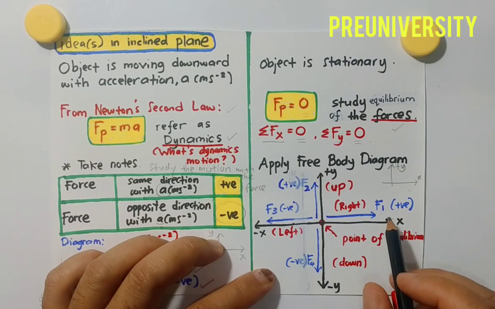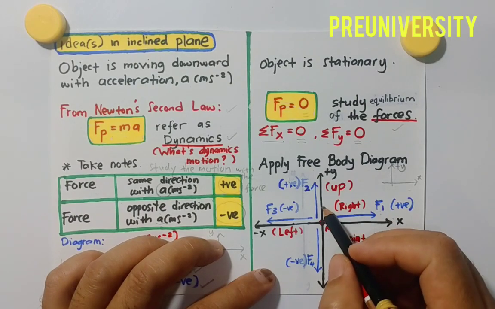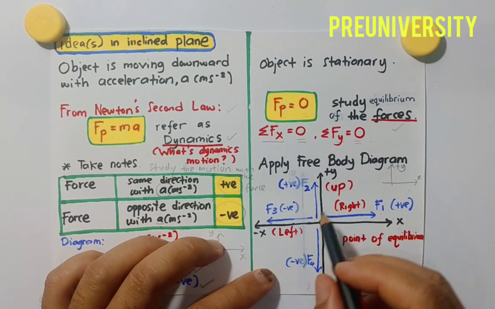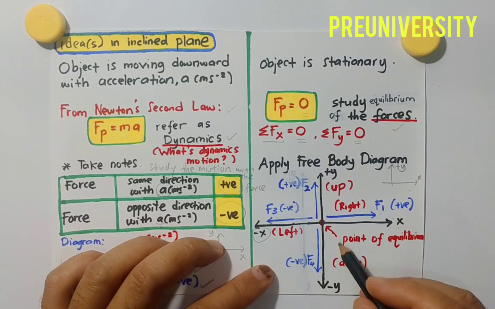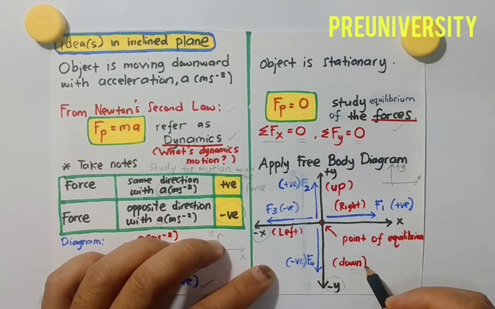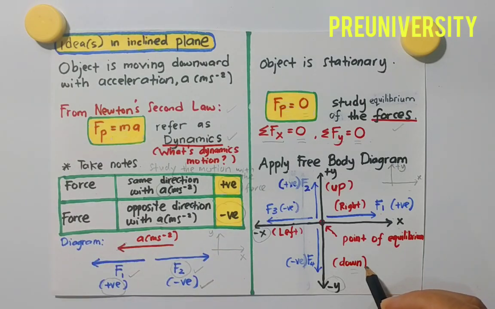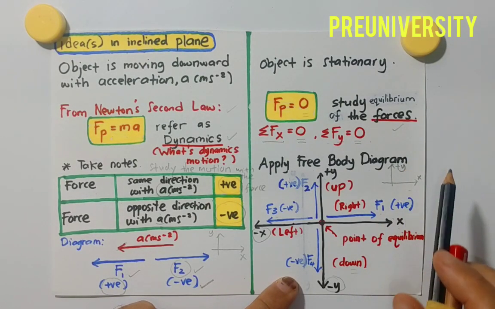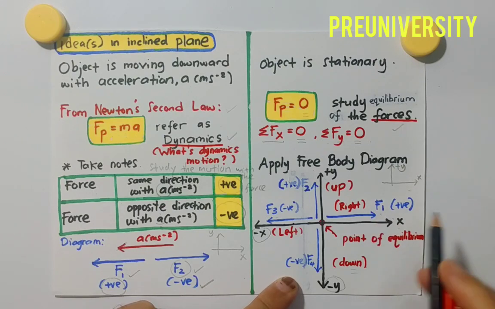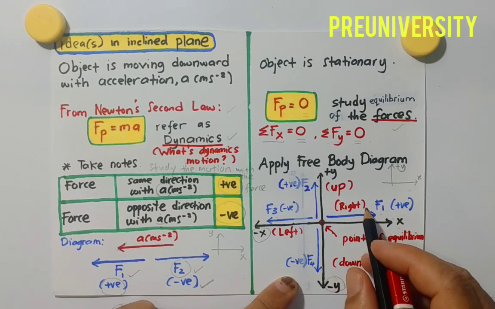Applying the free body diagram, we can see here that F1 is in the positive x, F2 in the positive y, F3 in the negative x, and F4 in the negative y. For the equilibrium of the forces, F1 is balanced to the left.